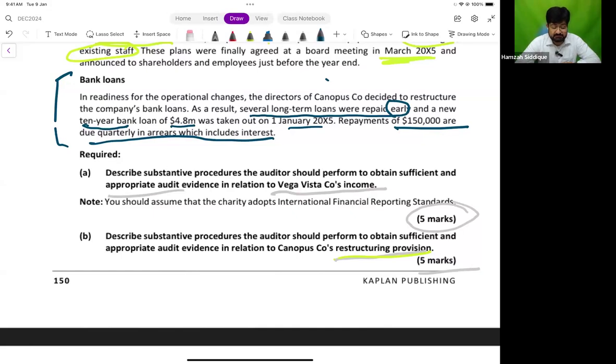So that's why this is quite practical. If there is a penalty, that should be recorded in financial statements. Now, what is the source to verify any penalty to be paid by a company? Because they are repaying loans early.